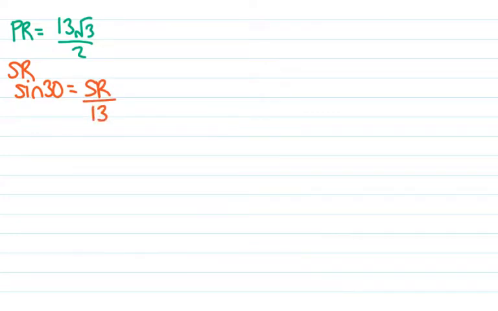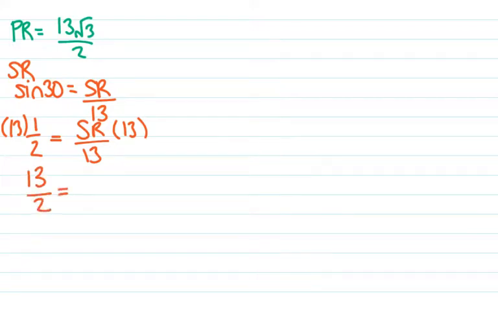Now, looking at our special triangles again, what is sine 30 equal to? It's equal to 1/2. So that means 1/2 equals SR over 13. Multiply both sides by 13. Now I have 13 over 2 equals SR. Okay, so I'm going to write that up here. SR equals 13 over 2.